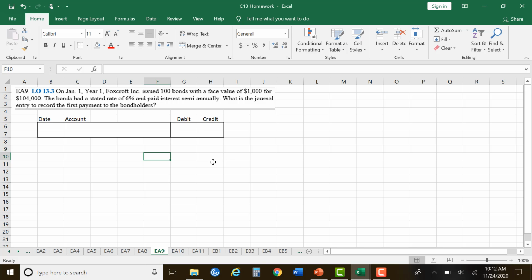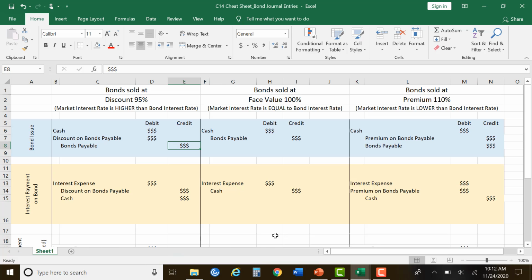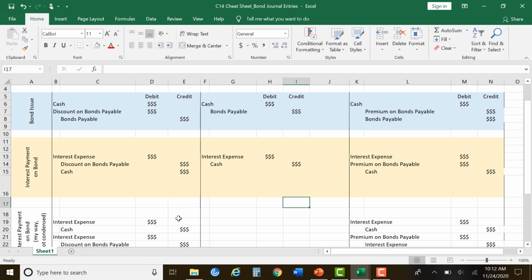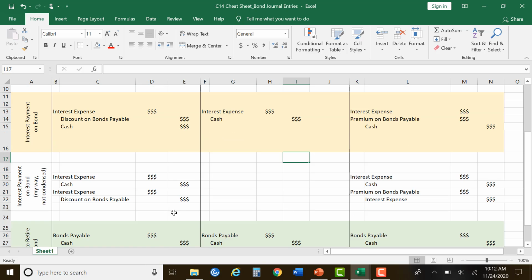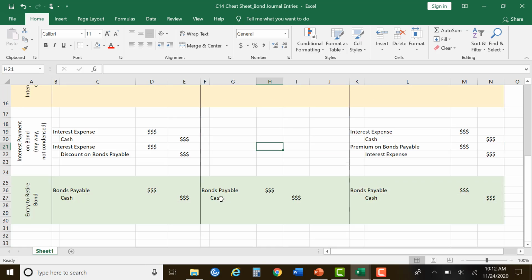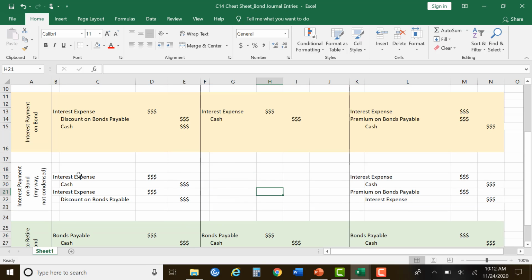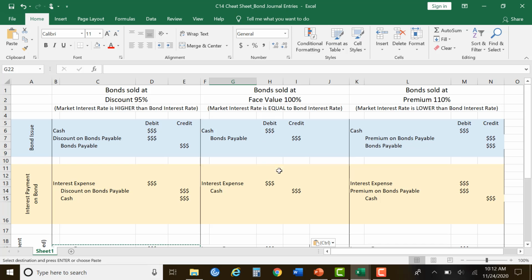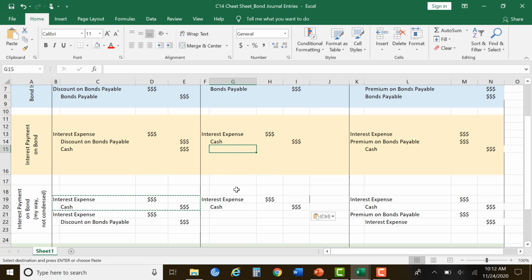So this one's super simple. We're going to go to the payment of the interest, which if you go to my little cheat sheet, I should update it because this one is going to look the same here as well. If you sold it just at face value, it's going to look the same.